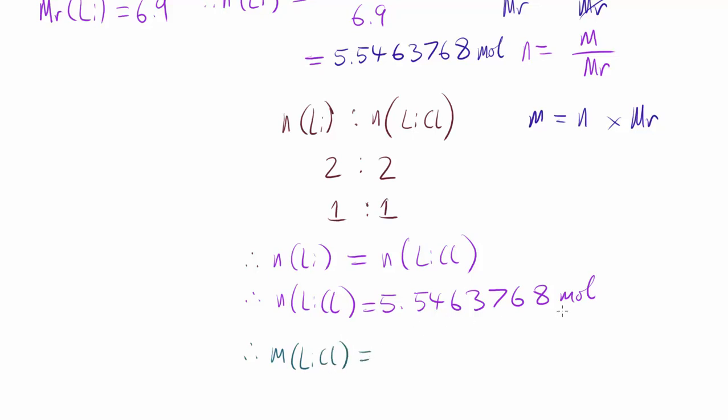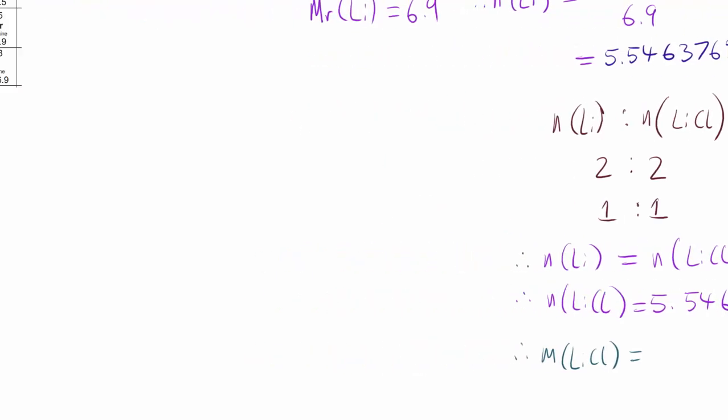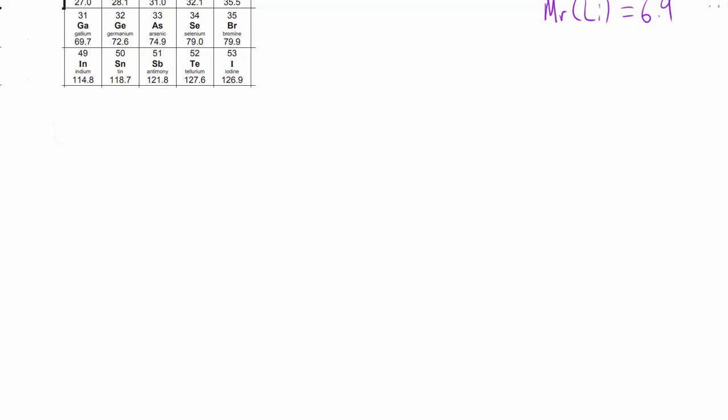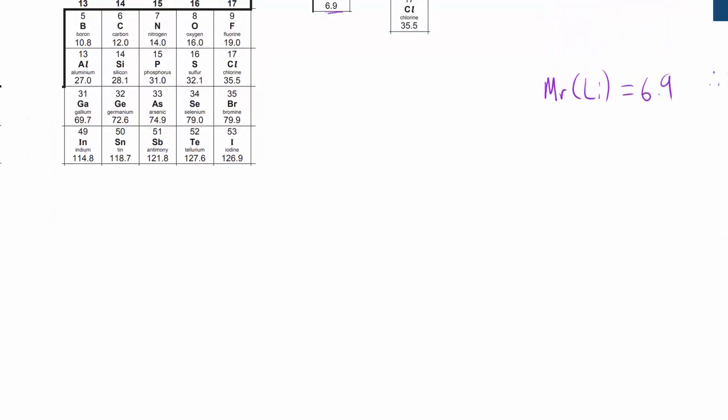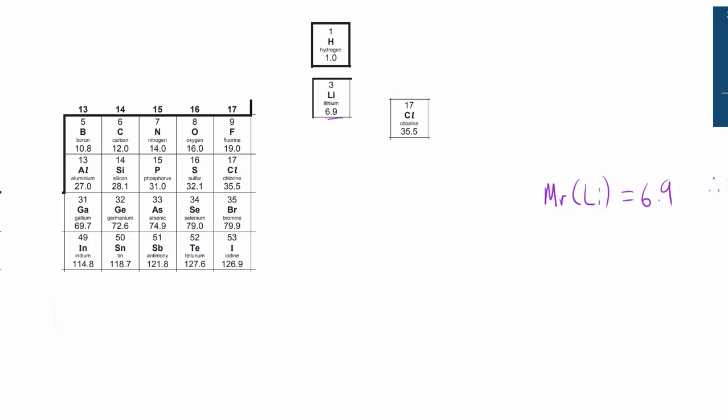Before I go into this, I need to work out the molar mass of lithium chloride, so I'll use the periodic table. Mr of LiCl is equal to 6.9 plus 35.5.